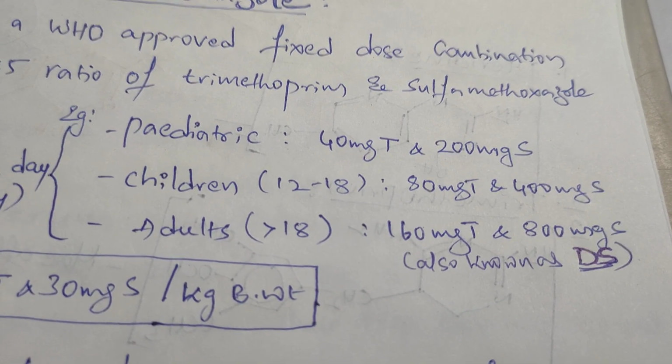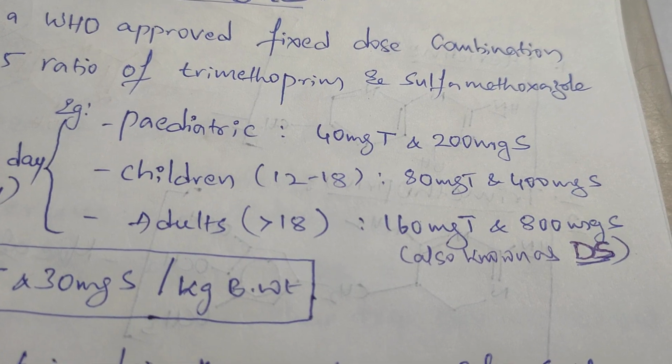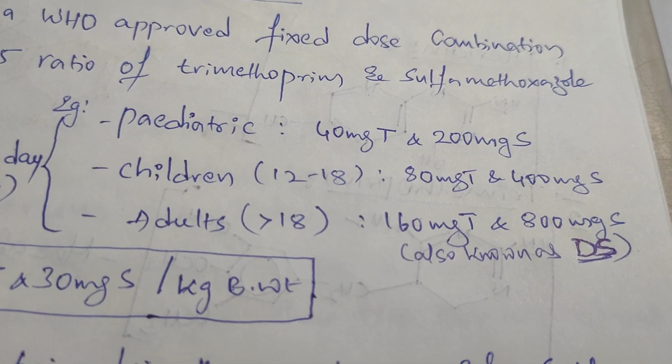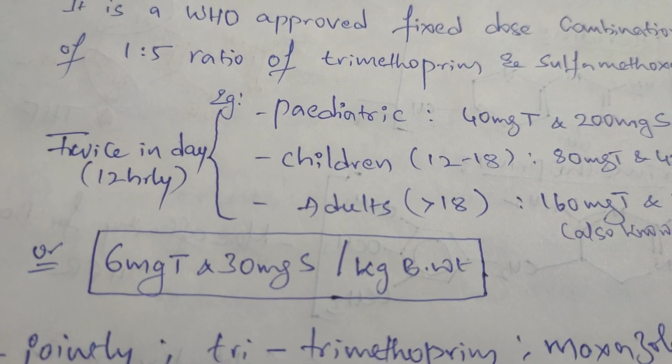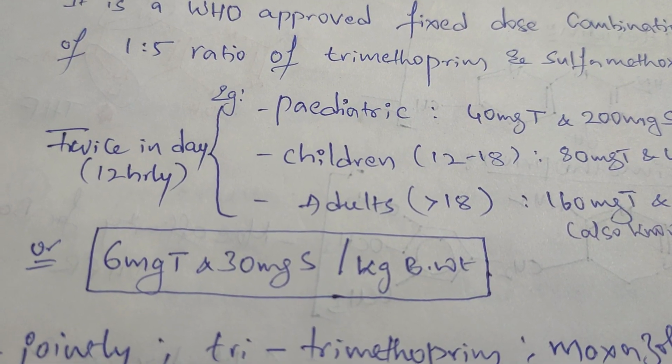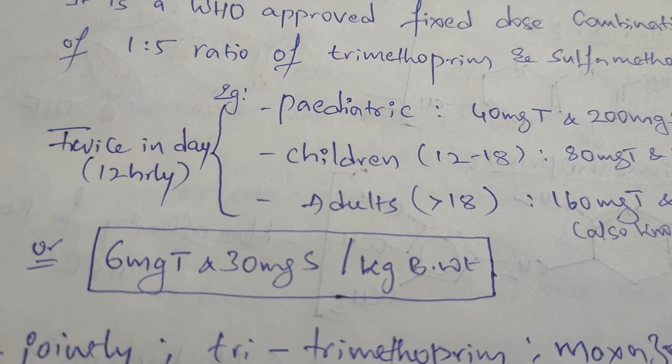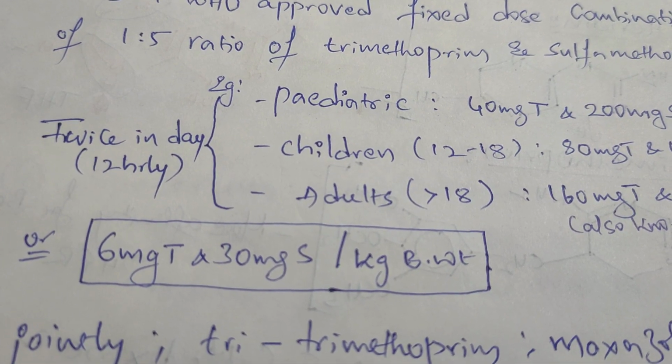It is used for treatment of some infections in adults. Understanding it? Or otherwise, I would like to give you one more posological formula. This combination can be used in children having too much variation in body weight.